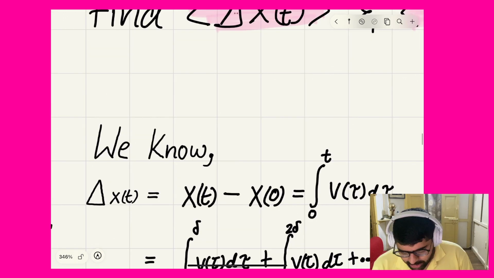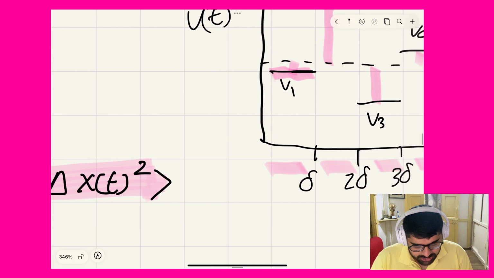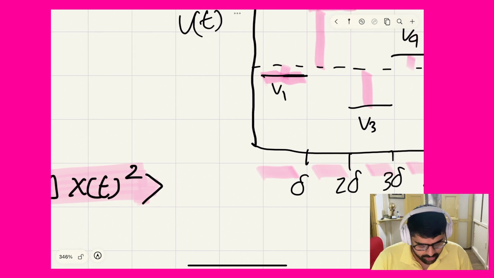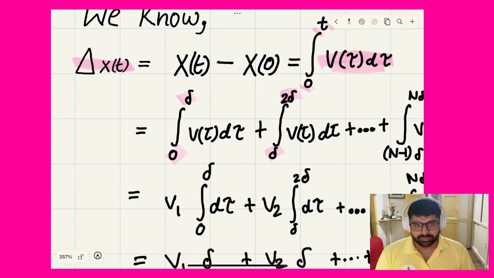We know that delta x of t is equal to the integral from 0 to t of v of t dt. This integral from 0 to t can be split into 0 to delta, delta to 2 delta, 2 delta to 3 delta, and so on. Now, when the time is between 0 and delta, v is equal to v1.